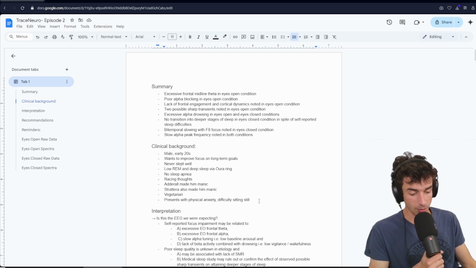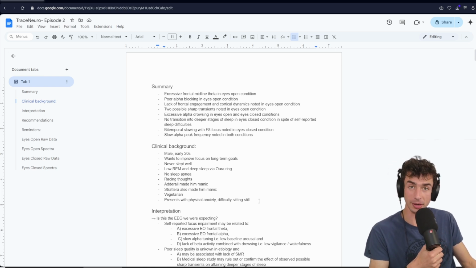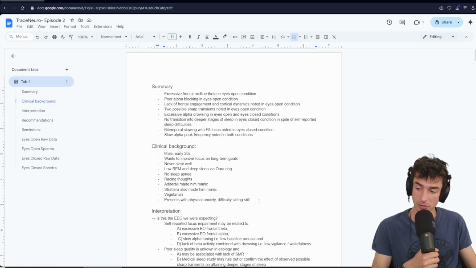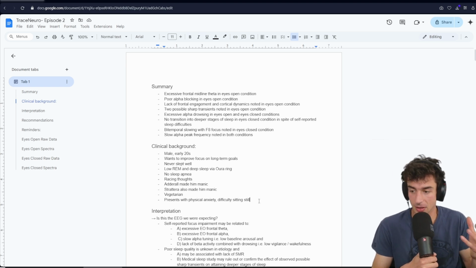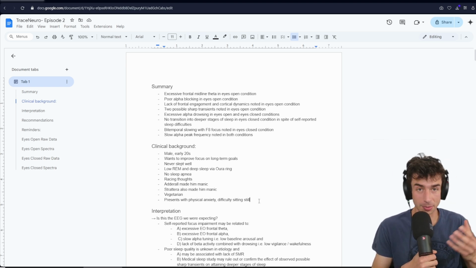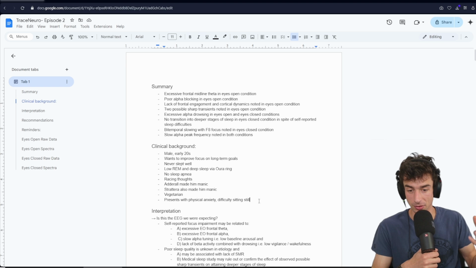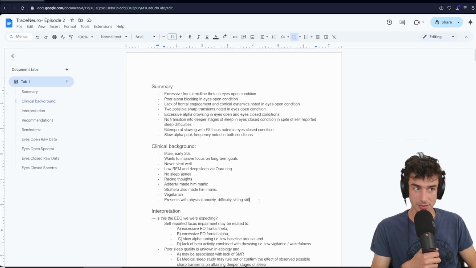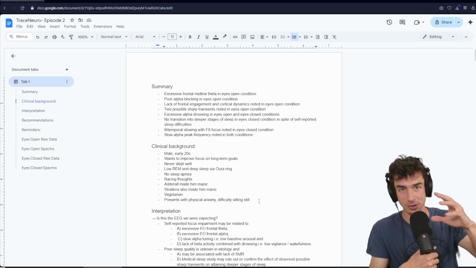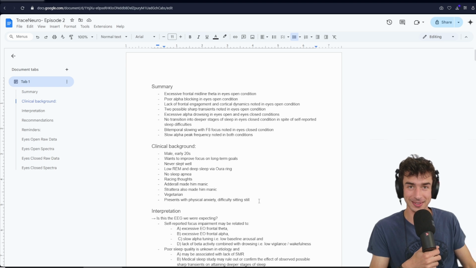And so this opens up an interesting question to me, right? How is it that this person who has some symptoms of anxiety and not being able to sleep well and difficulty focusing, how is it that that matches with having all of this alpha, right?